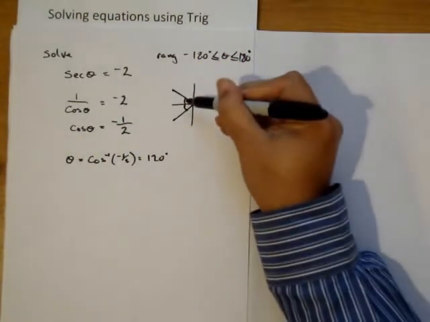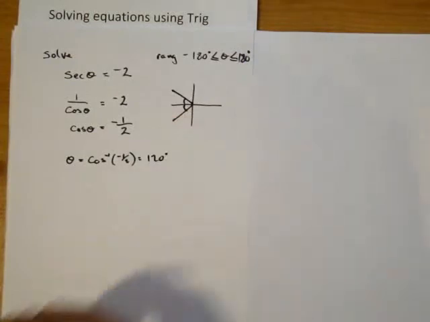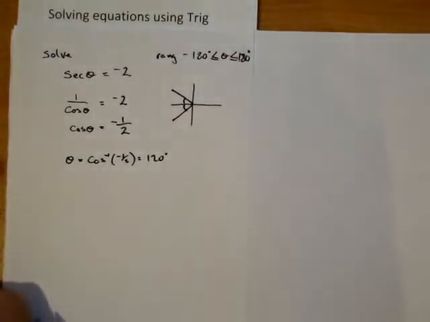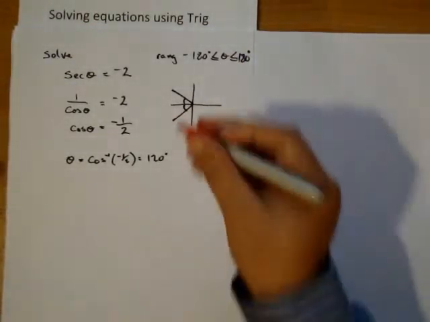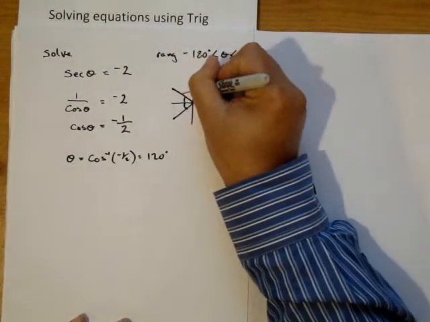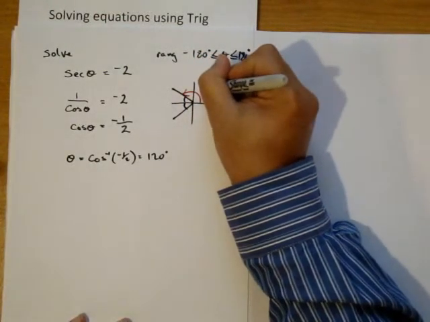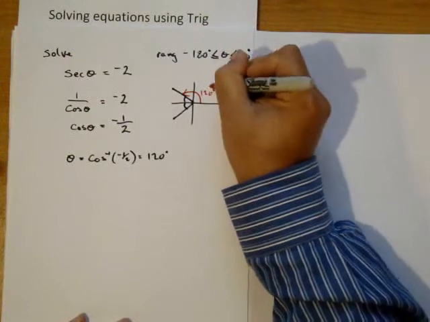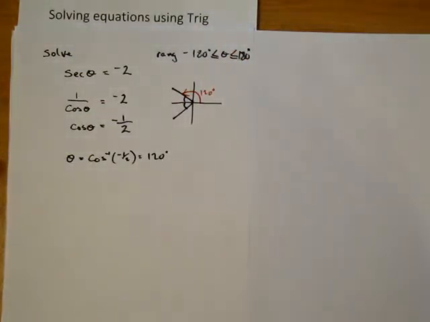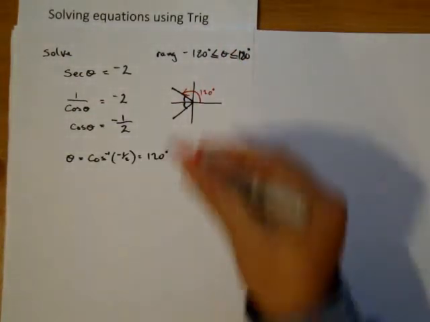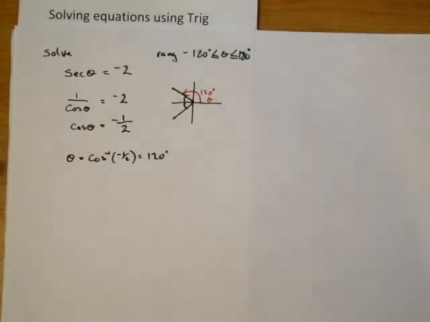So obviously this angle, or this angle by itself, can't be 120 degrees. So this angle is 120 degrees. So that is theta.